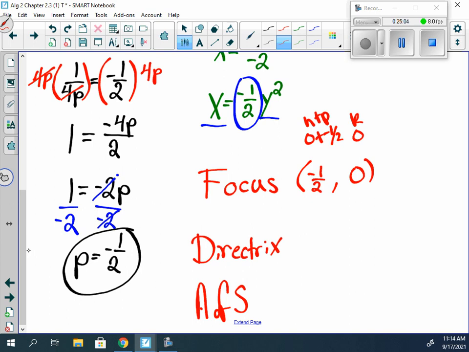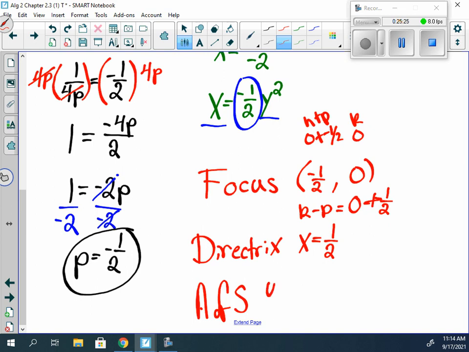The directrix, x is equal to, well, it is our h minus p, yes? Well, h is 0 minus negative 1/2. Well, the negative and negative make a positive. So 0 plus 1/2 is 1/2.